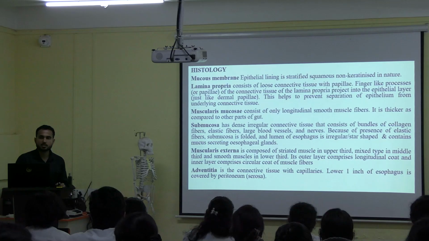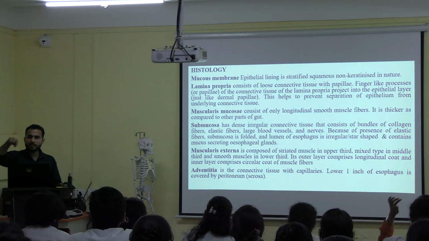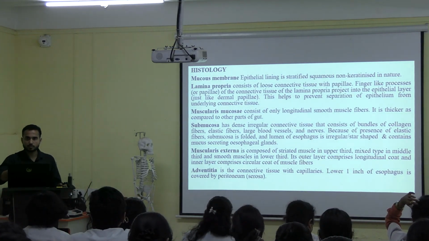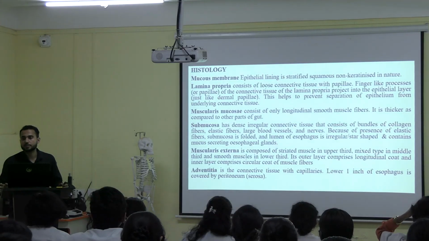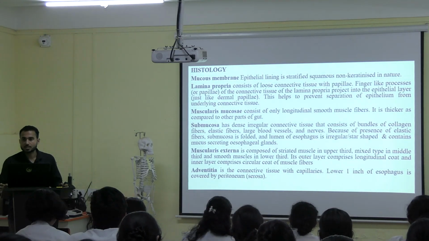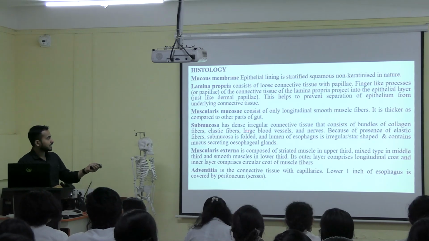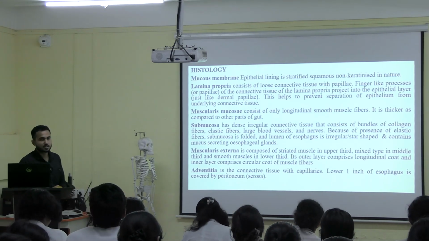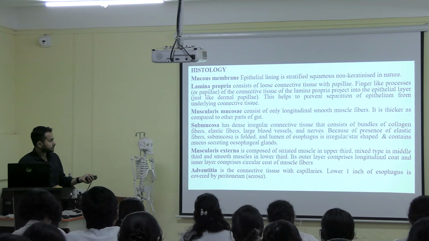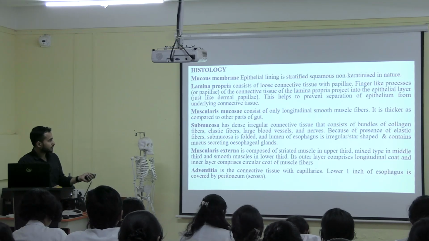What is the meaning of this? Whenever you see the lumen of the esophagus under microscope, its appearance will be star-like. That is because of these fibers which are present in the submucosa.